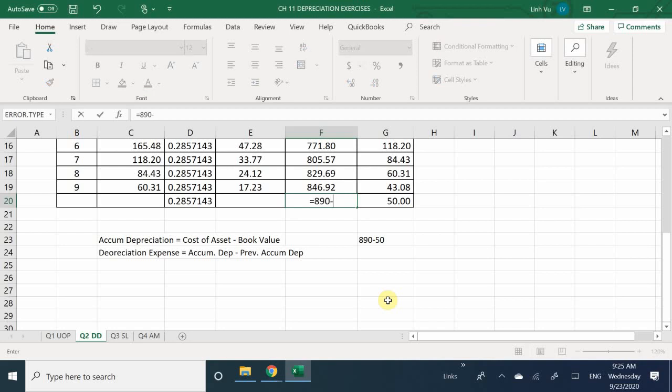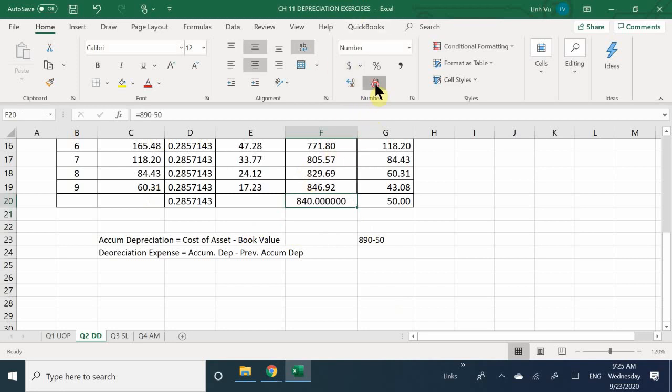Yeah, you're going to get 840. Good. And then now, how do we solve for depreciation expense using the accumulated depreciation we just figured out in the previous question?